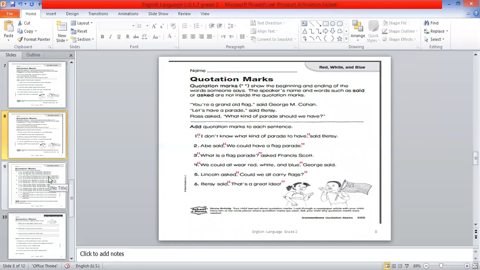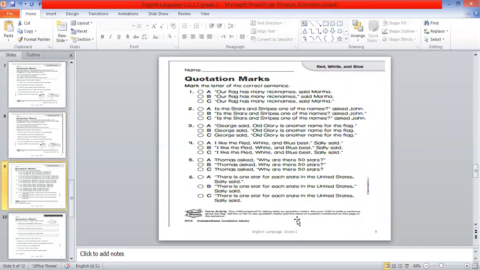Okay, let's flip the page. I want you to open page 504 and let's answer together. Which one is written correctly? Our flag has many names, said Martha. So I have the same sentences here, but which one is the correct sentence?